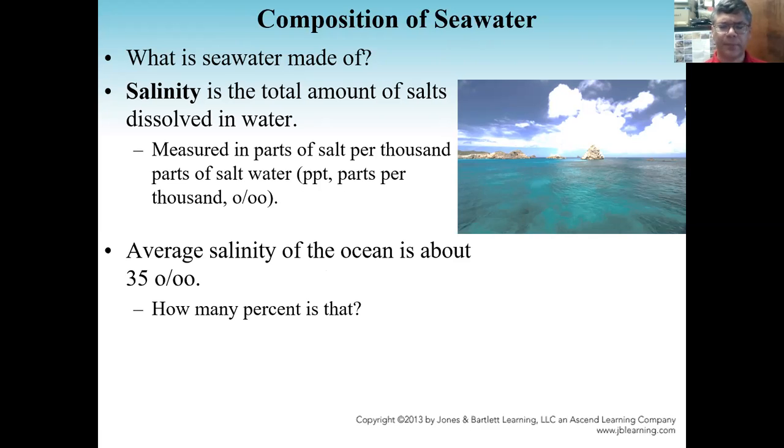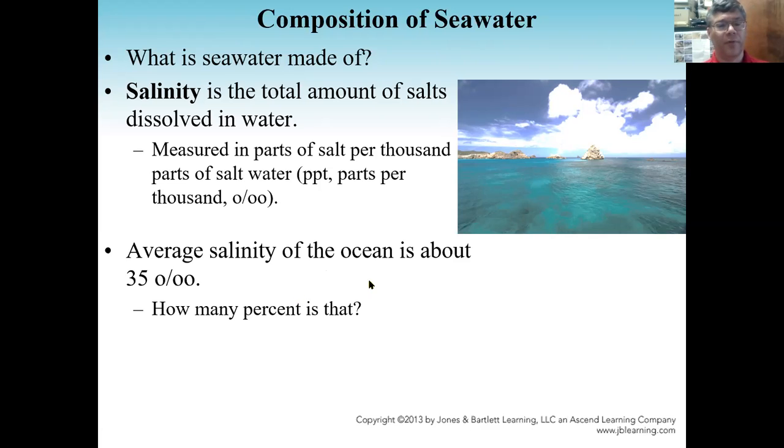Parts per thousand, it's not something we tend to use very often. What would that be, say, percent? Well, percent may not be obvious, but cent means 100, and so percent is the same as parts per 100.